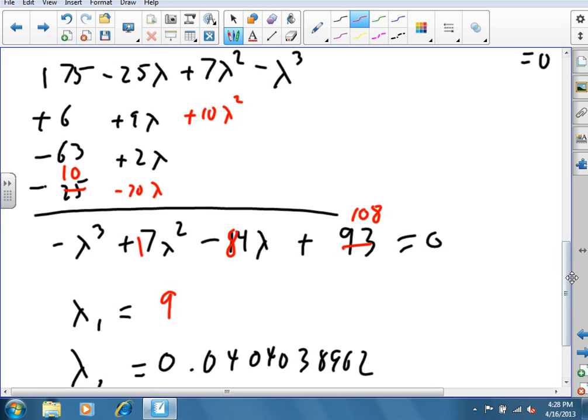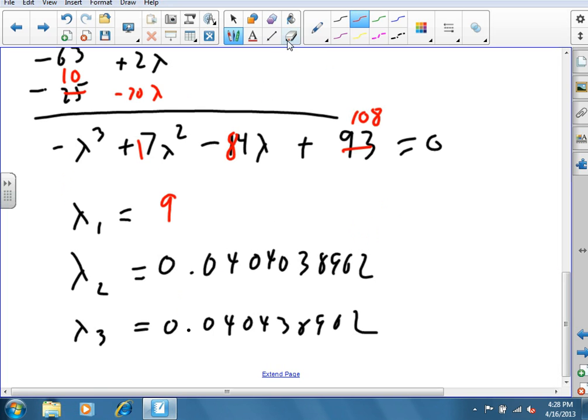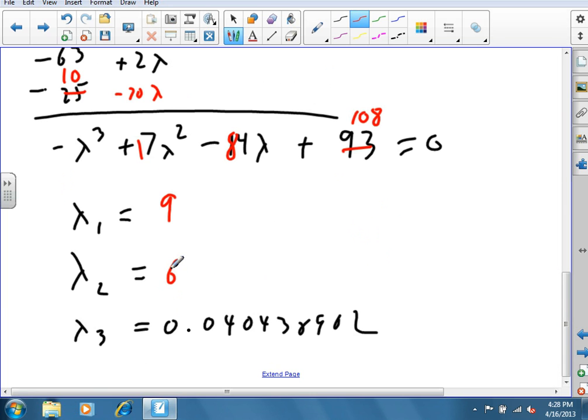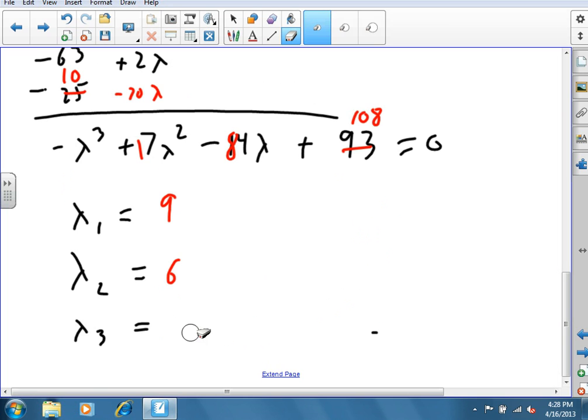And lambda 2 is 6. And lambda 3 is 2. Exactly what the back of the book predicted. Isn't that lovely? Good thing I have another.